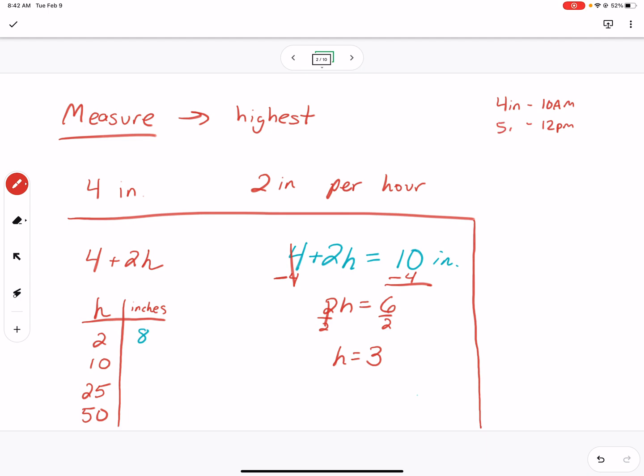Maybe you're at 5 inches. And then you go out at 5 p.m. and now there are 7 inches. What we could do is figure out, obviously it snowed 3 inches from 10 a.m. to 5 p.m., in 7 hours.